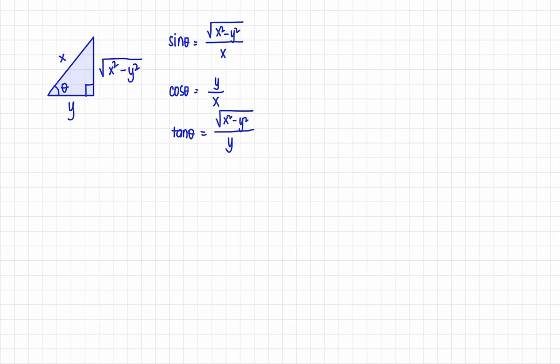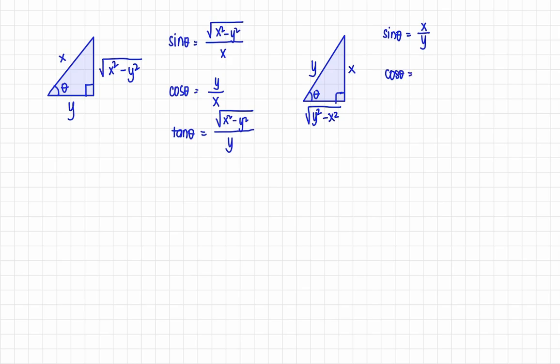Then another case would be if the triangle is like this, and this is our right angle here. This is our angle theta. The hypotenuse is y and the opposite side is x. Using the Pythagorean theorem, our adjacent side would be the square root of y squared minus x squared. And so sine theta is equal to x over y.